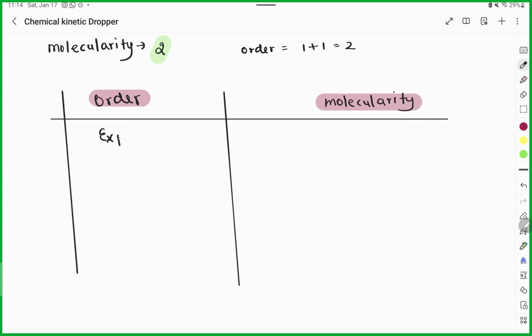So Hina, what is the difference between order and molecularity? She was not, she is not there. Pratigya, yes, other difference.